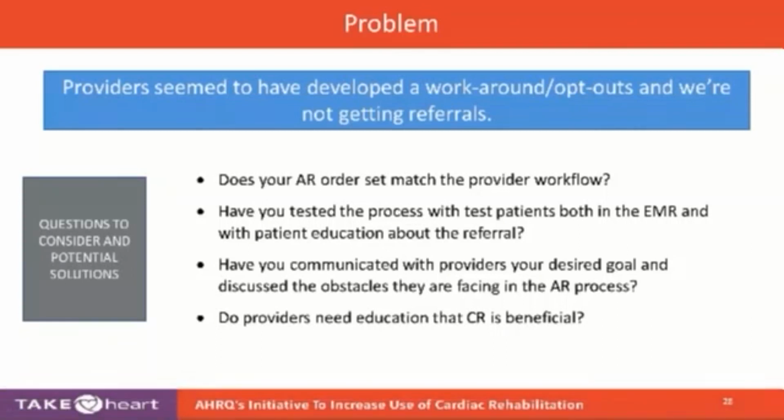Some places have a discharge order set that pretty much everyone has to use, and that makes it a little easier to avoid that problem. Other times, if there are multiple order sets they can be using, it's a little more challenging. So Sherry or Laura, any observations on what to do if a facility has that scenario?